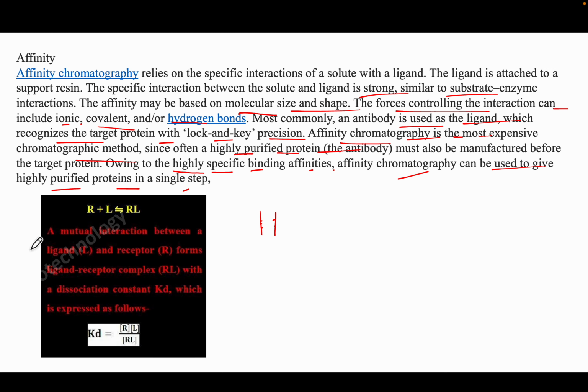The definition of Kd: when receptor and ligand complex formation is happening, a mutual interaction between a ligand and receptor forms a ligand receptor complex with a dissociation constant of Kd, where Kd will be R times L divided by the complex RL.